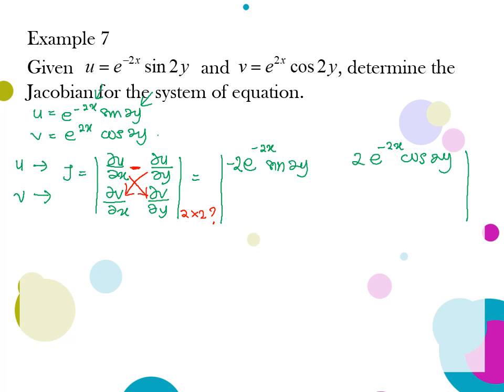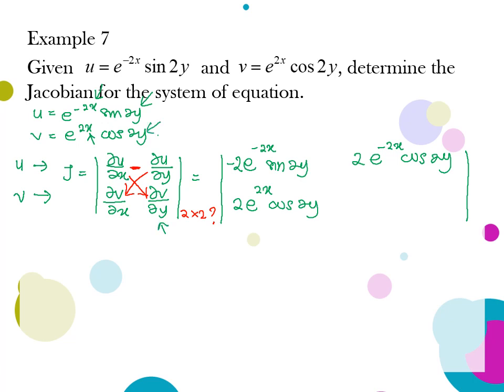Proceed to the second function, which is our v. Differentiate v here, look at x, so you will get exponent 2x, differentiate 2x, you will get 2, and then cos will remain. So done for the first variable. Proceed to the second variable, which is y.